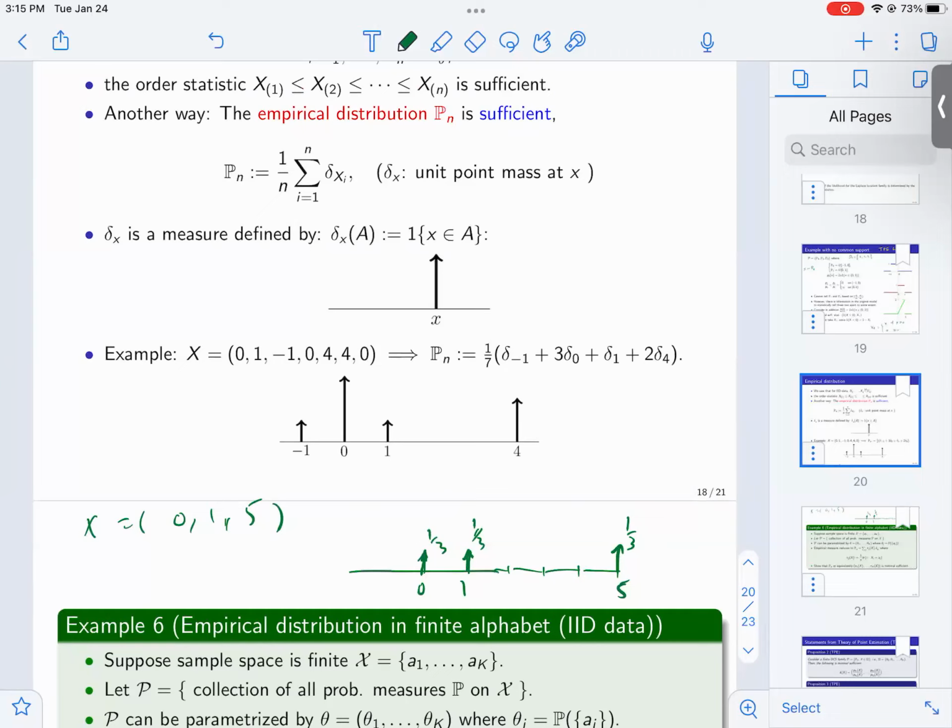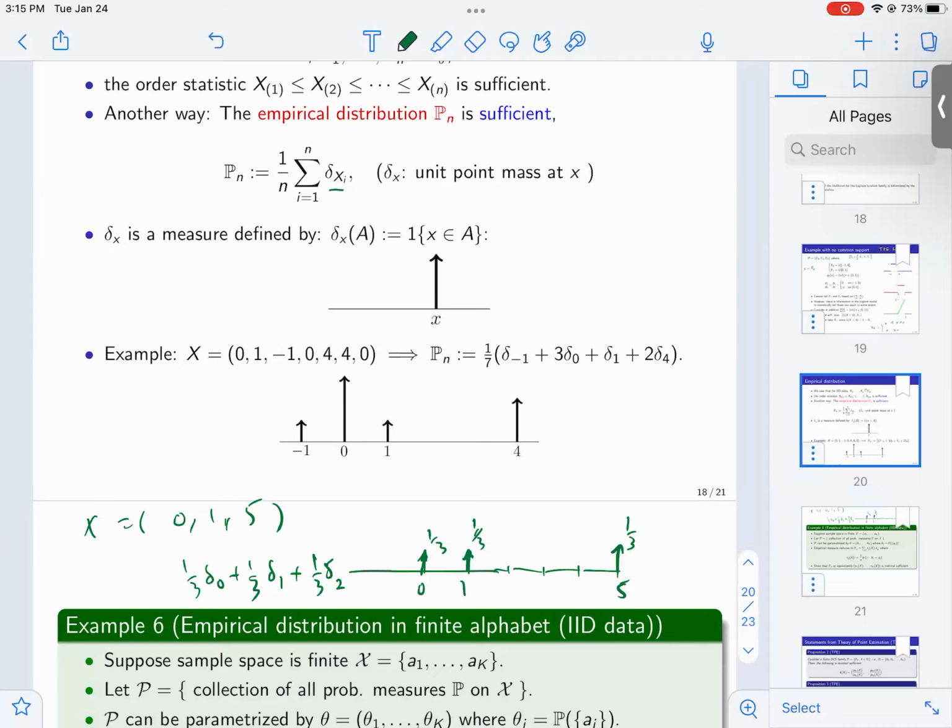It's often written with delta x. In this case it would be 1/3 delta 0 plus 1/3 delta 1 plus 1/3 delta 5. In general it's 1/n times the summation of these Dirac measures, or point masses. If you remember, a measure is just a set function that assigns to every measurable set a number, which is its measure.